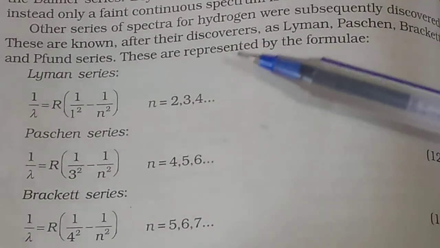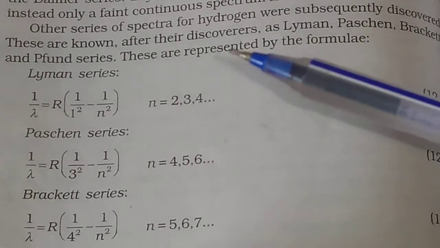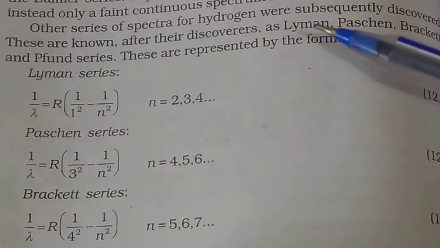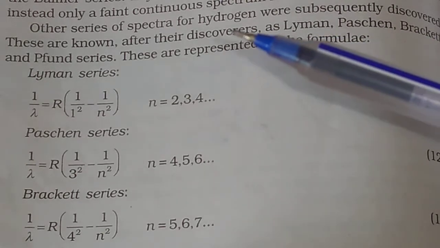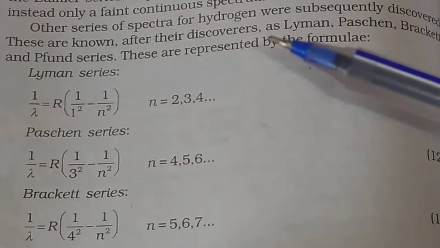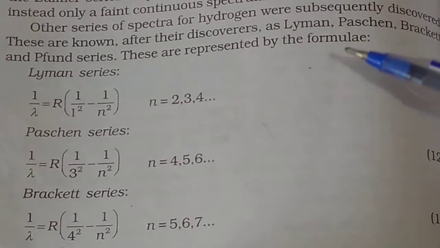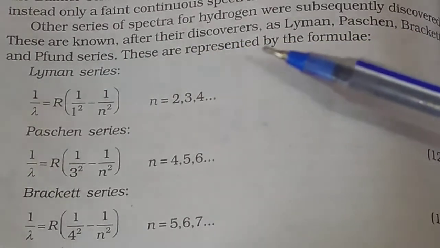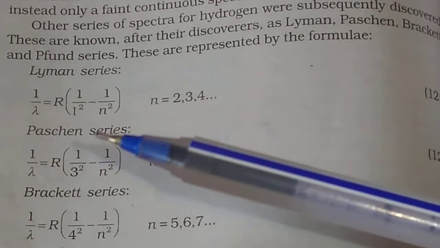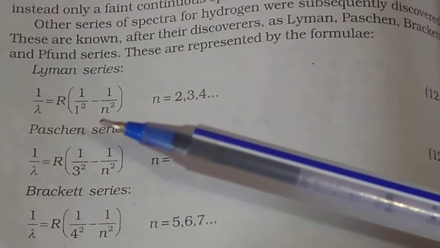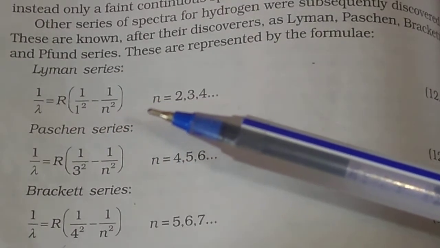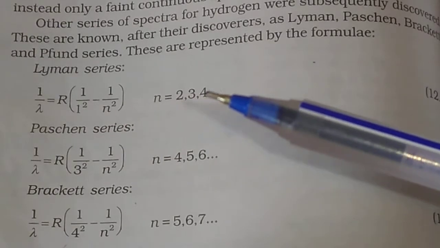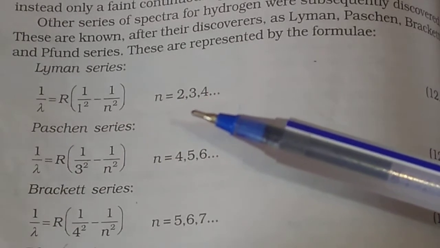Other series of spectral lines of hydrogen were subsequently discovered. These are known after their discoverers as the Lyman series, Paschen series, Brackett series, Pfund series, and these are represented by the formula 1 by lambda is equal to R into 1 by 1 square minus 1 by n square, where n is equal to 2, 3, 4, the integral values.